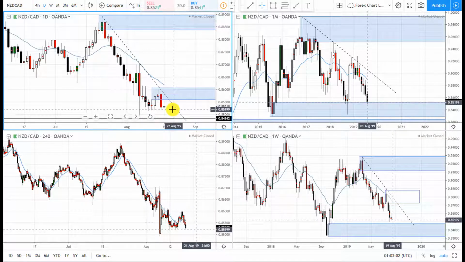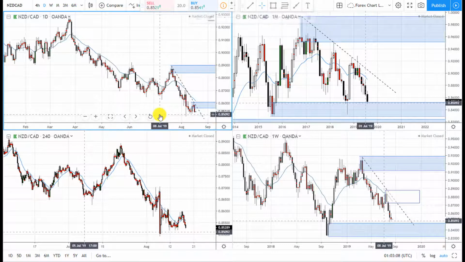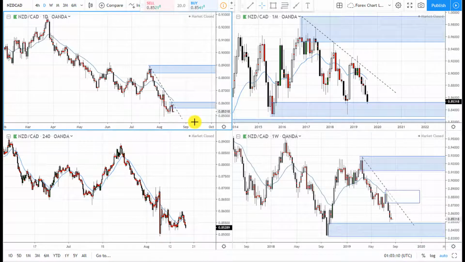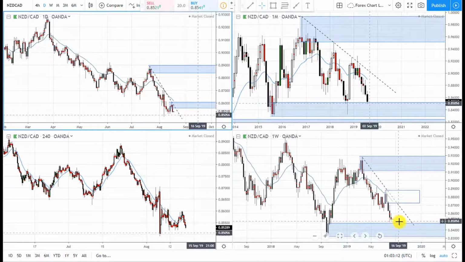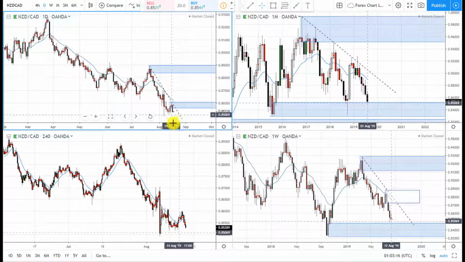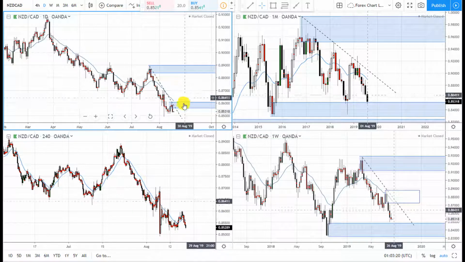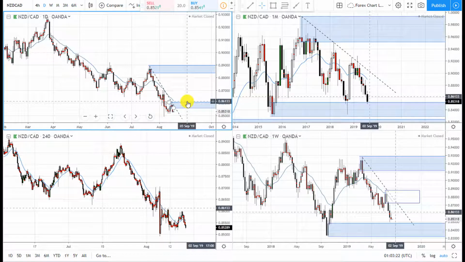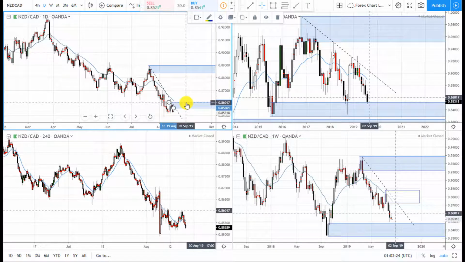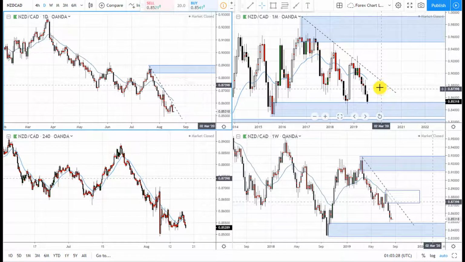You say you're short here and it already reached this area of demand, or even the monthly. The amount of buyers down here are going to wipe out your little supply area here. So this is the reason why we don't want to short when we're so close to the higher time frame demand zones.